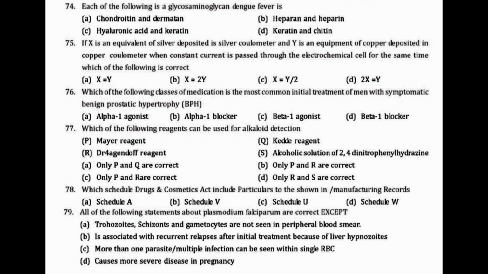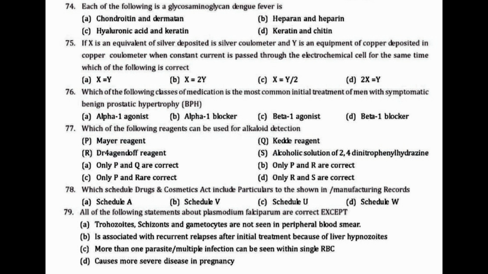Instead, they relax the muscle cells in the bladder neck and prostate itself. As the muscle cells relax, the pressure on the urethra diminishes and allows the urine to flow more freely. Tamsulosin, doxazosin, alfuzosin, etc. are the examples.